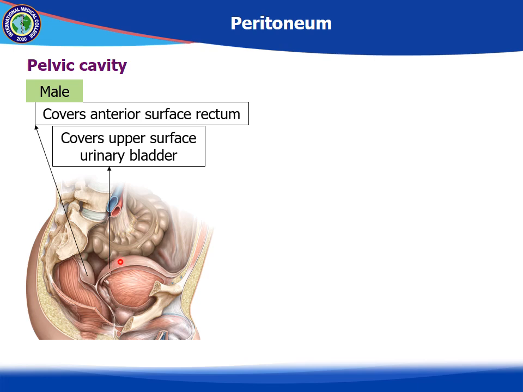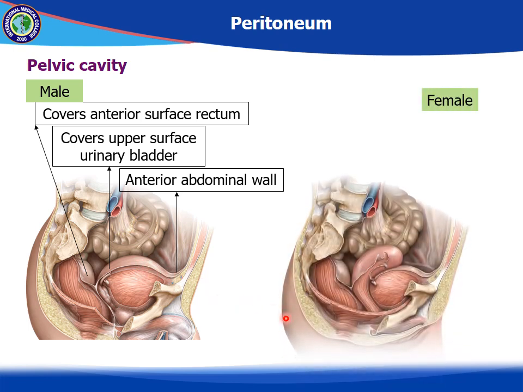So this is covering the superior surface of the bladder. You can see this is the peritoneum covering the bladder, and it is reflected to the anterior abdominal wall directly. There is a fold between the rectum and bladder, and here it is not folded.